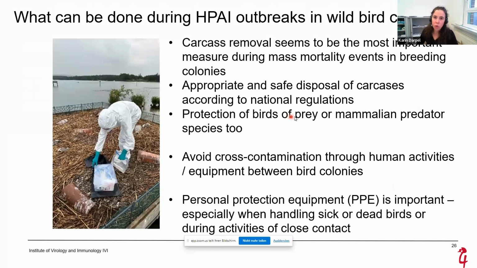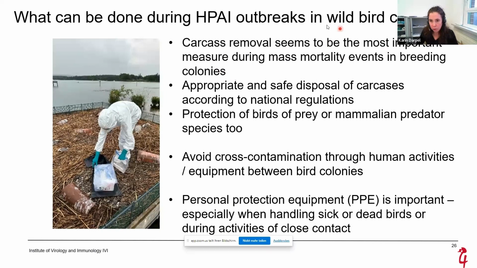What can be done during HPAI outbreaks in wild bird colonies? Obviously in Switzerland, this is on a very low scale compared to the big breeding colonies along the coastal shorelines, where there have been reports of thousands of dead birds during a single outbreak. But carcass removal seems to be the most important measure during mass mortality events in breeding colonies.